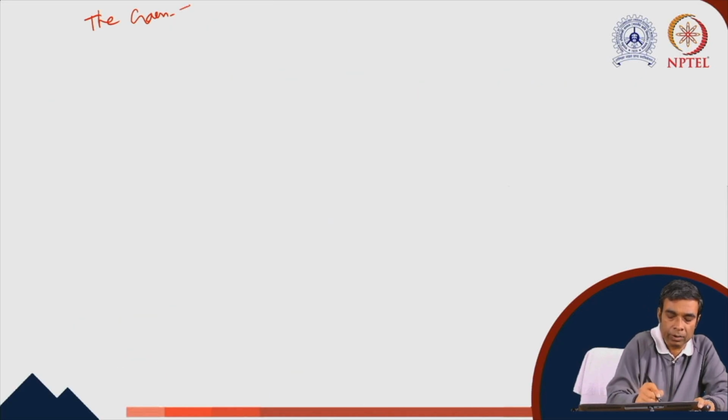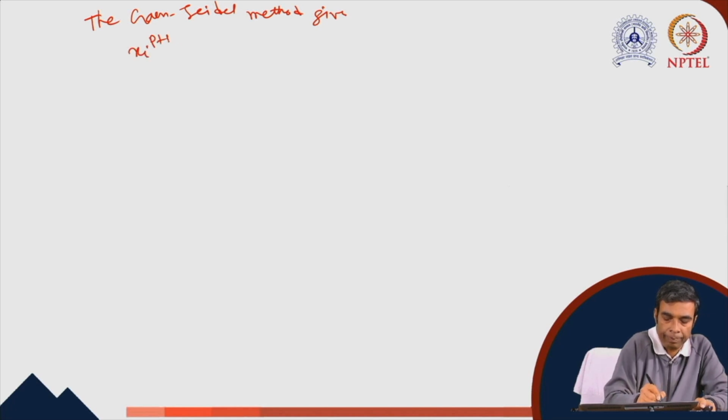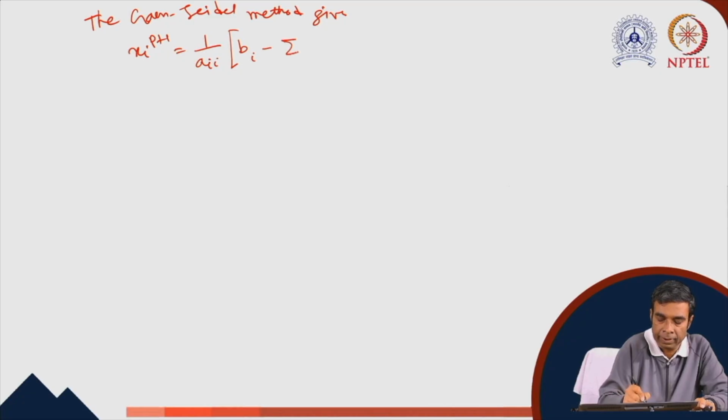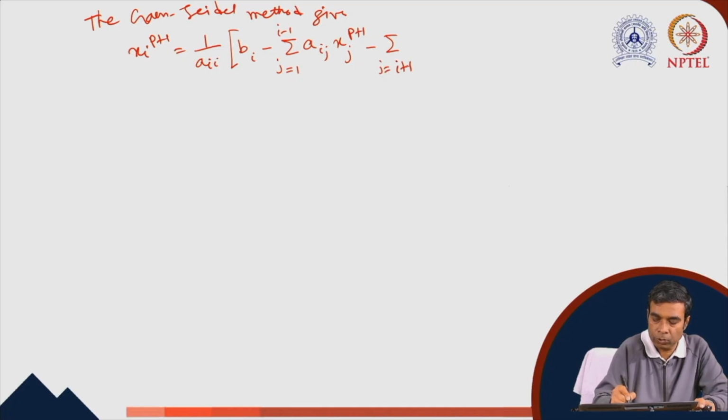The Gauss-Seidel method gives x_i at p plus 1 equals 1 by a_ii into b_i minus summation j equals 1 to i minus 1 a_ij x_j at p plus 1 minus summation over j equals i plus 1 to n a_ij x_j at p.